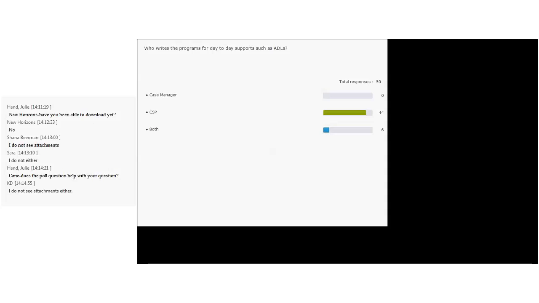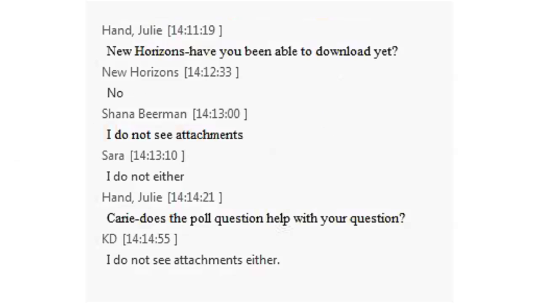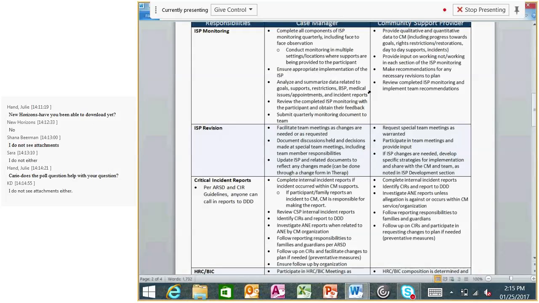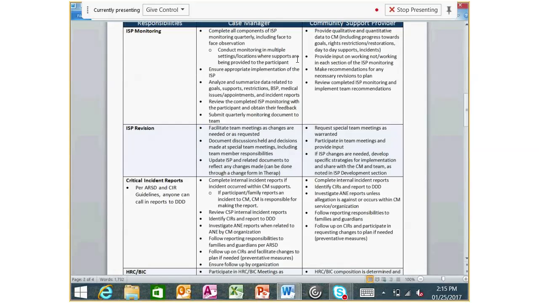Okay, so we're going back to the document to cover ISP monitoring. A case manager is responsible for completing all components of the ISP monitoring quarterly, and this includes face-to-face observations.